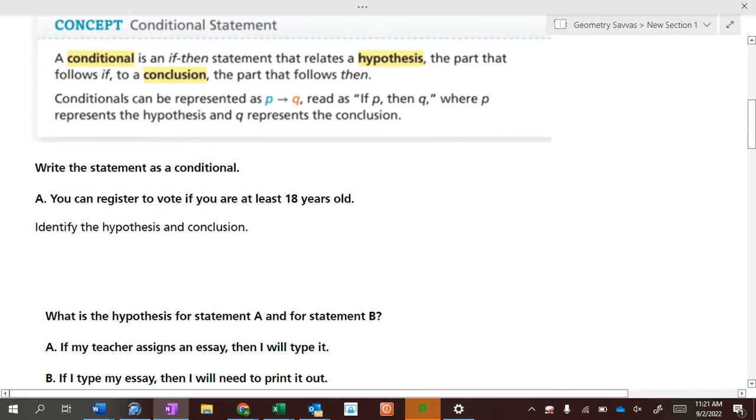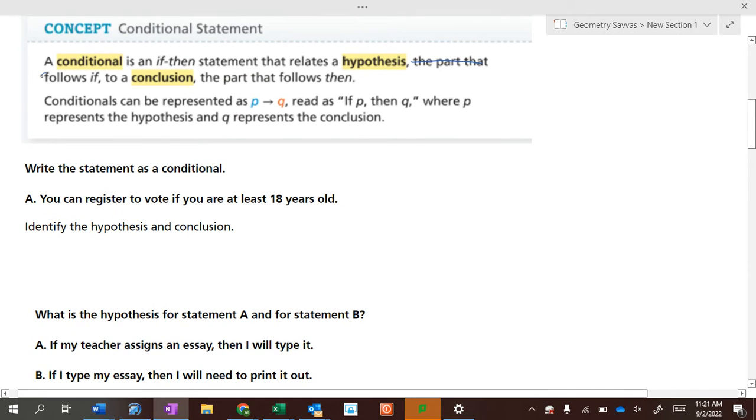Okay, we're going to have lots of vocab today. Now, this is not on this first vocab quiz. This will be on the second vocab quiz. So this first one, when you write down the conditional, you don't have to write the other stuff. A conditional is an if-then statement that relates a hypothesis to a conclusion.